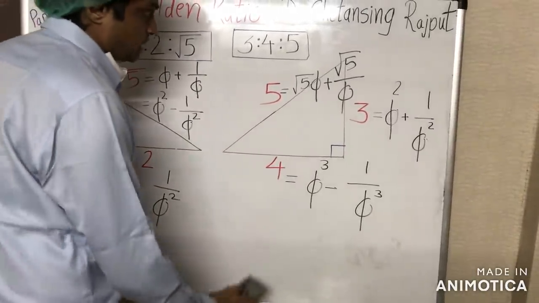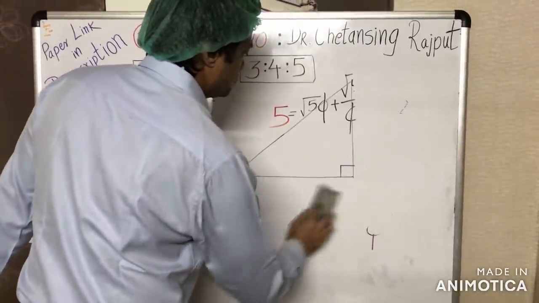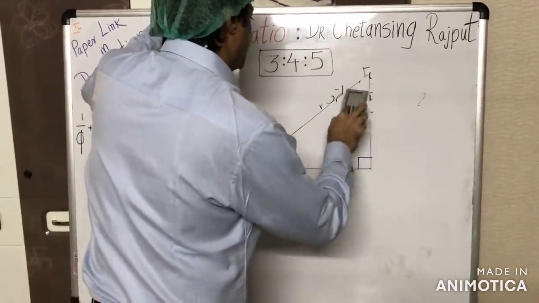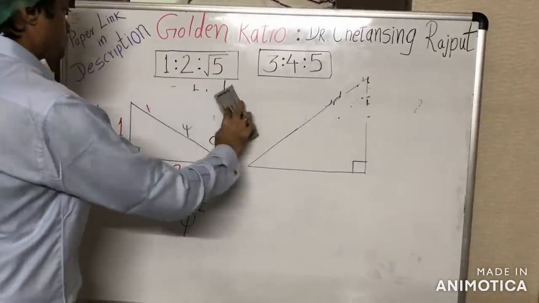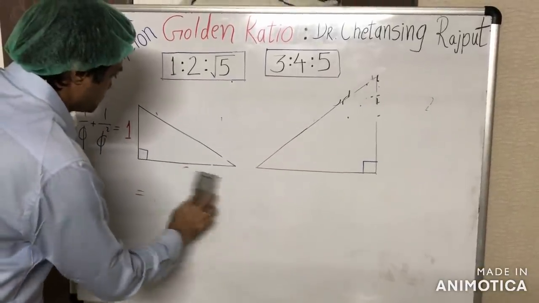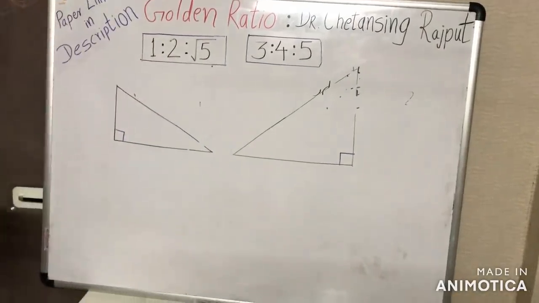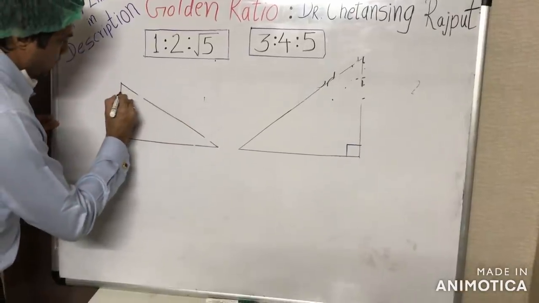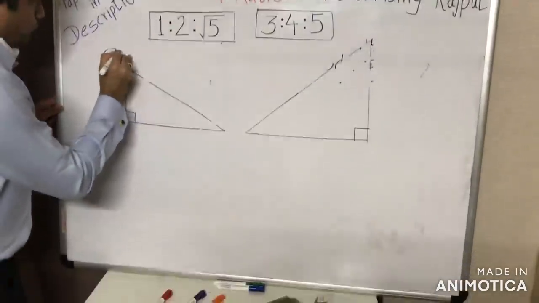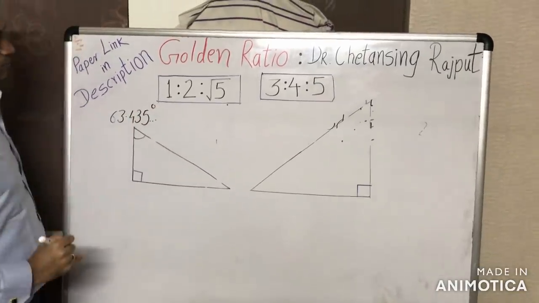And not just the 3 sides, even the angles of these 2 triangles are the precise expression of the golden ratio. We have already seen how the angles of the 1, 2, root 5 triangle can be expressed in terms of the golden ratio. All 4 acute angles of these 2 right triangles can be expressed in terms of the golden ratio. Like here, the larger acute angle of the 1, 2, root 5 triangle is 63.435 and so on in degrees.